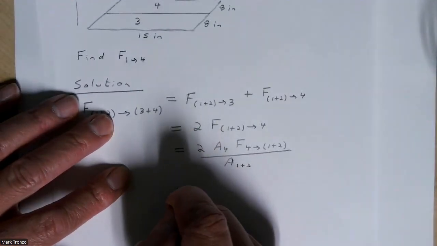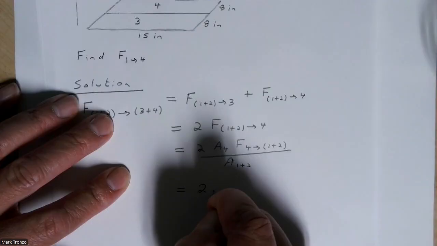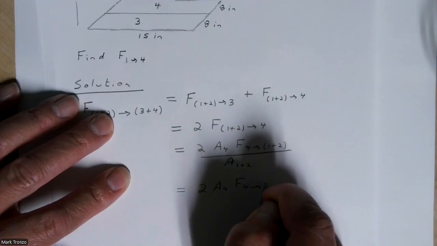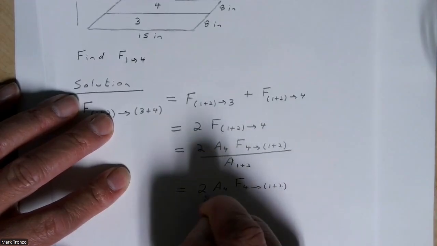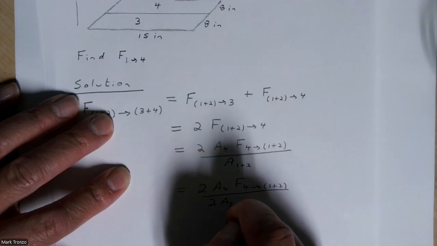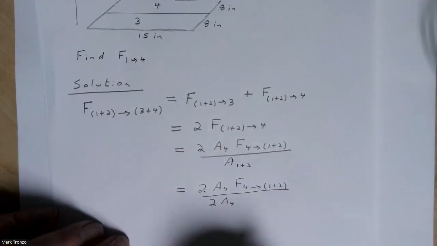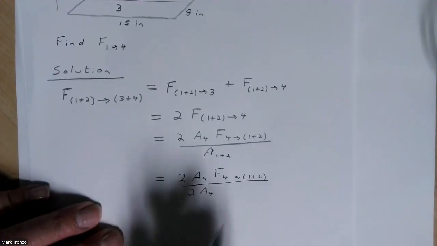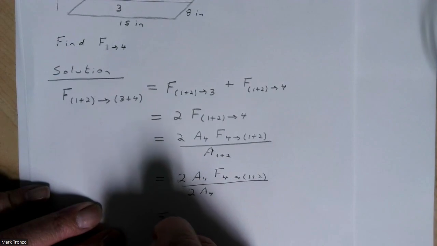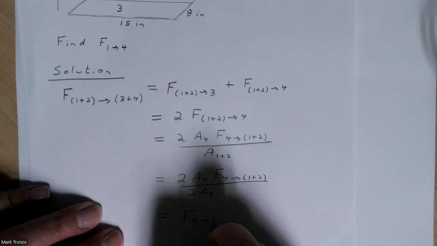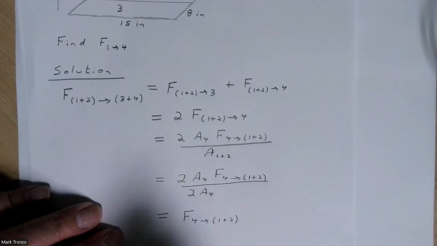We could say that A1 plus 2 is going to be equal to 2A4. And now the 2's cancel and the 4's cancel. So then we're left with this.